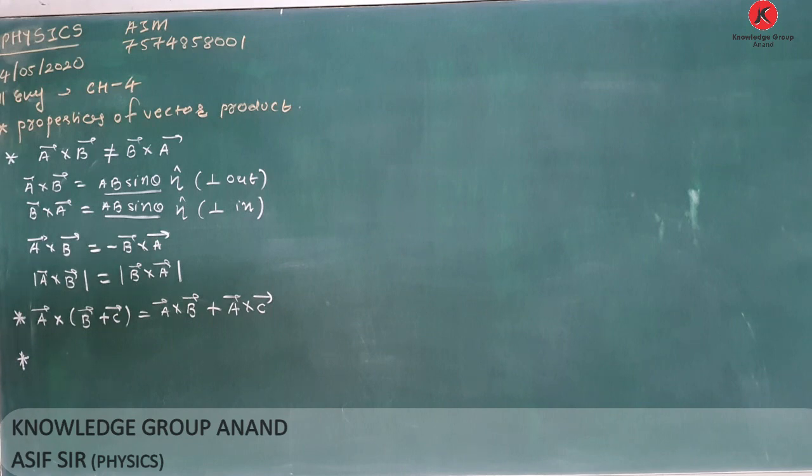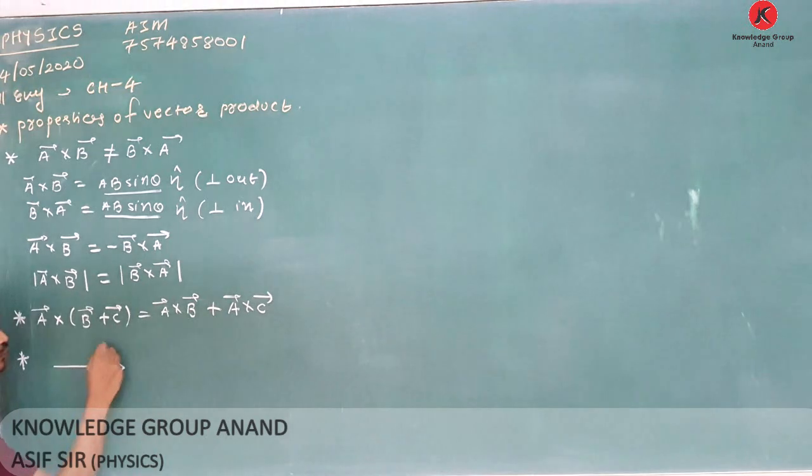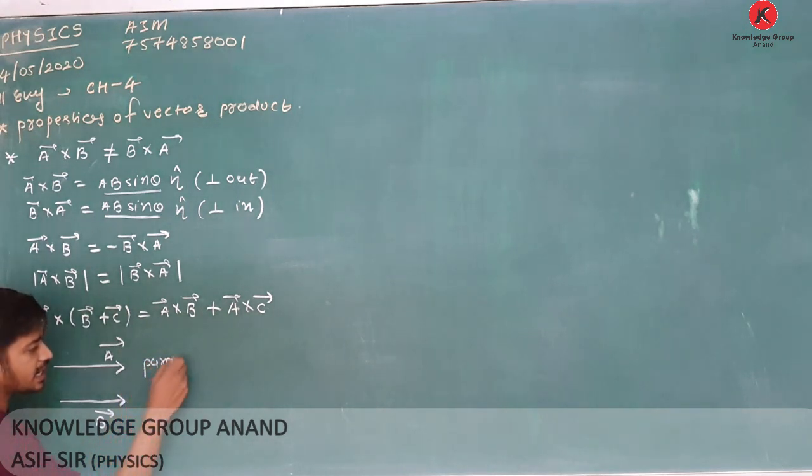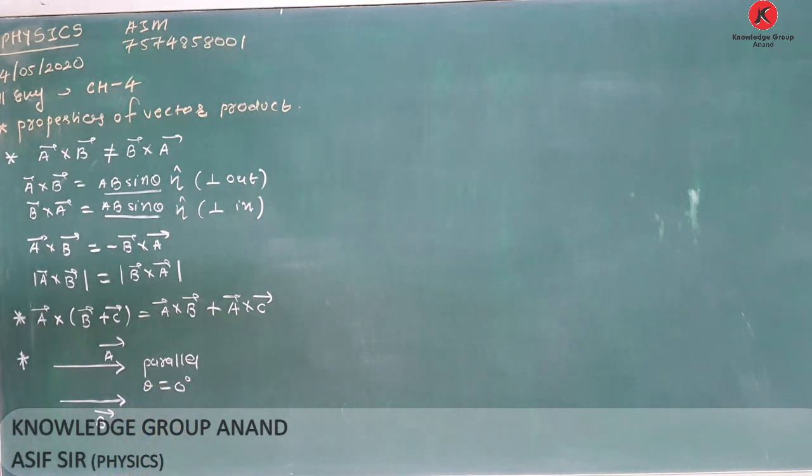For the cross product, if I have two vectors, vector A and vector B, see from the figure it is clear that these two vectors are in the same direction, or I can say they are parallel. Parallel means the angle theta between them is 0. Then what is their cross product?